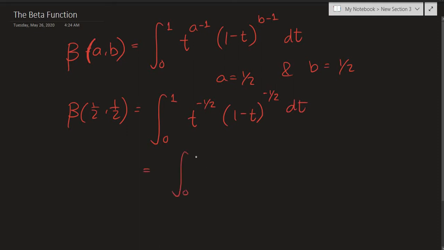A half power is basically a square root, and a negative power is the reciprocal. So we have dt over square root of t times square root of 1 minus t.